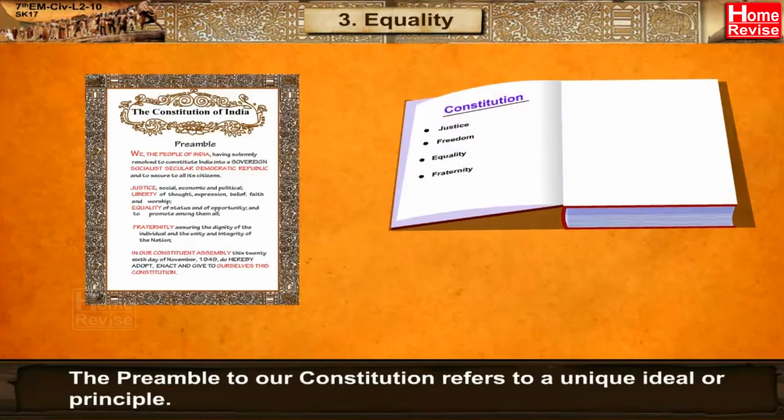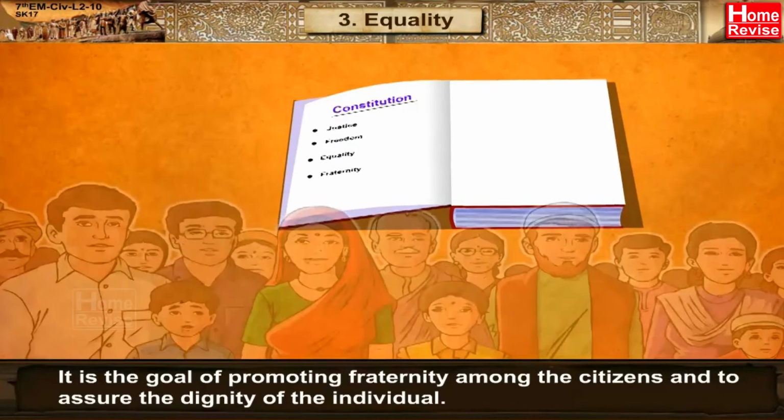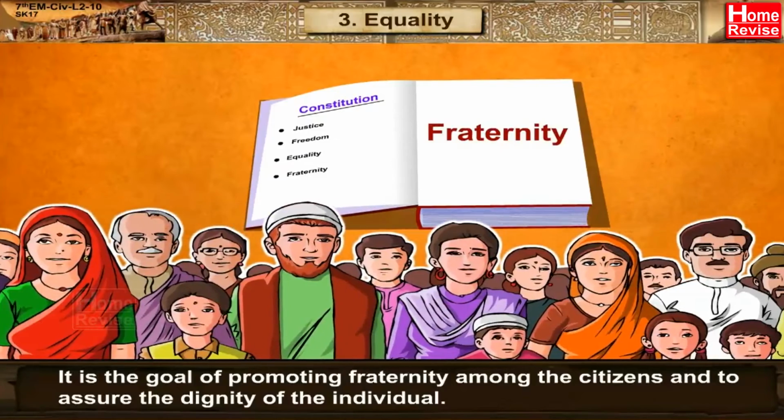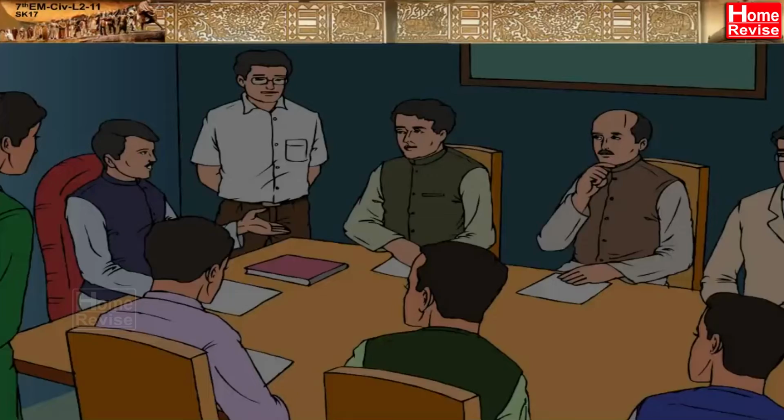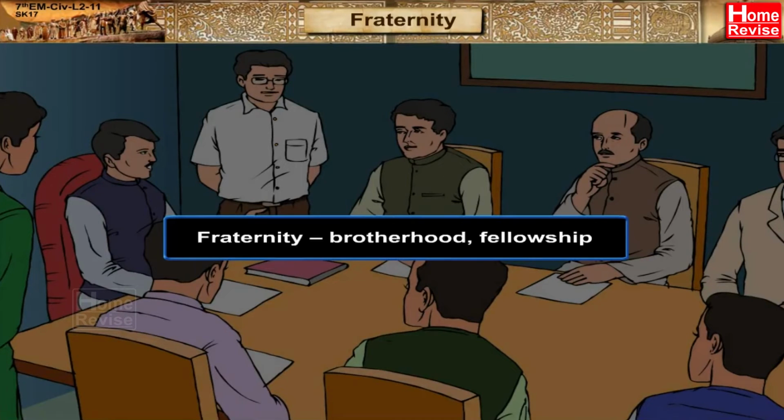The preamble to our Constitution refers to a unique ideal or principle. It is the goal of promoting fraternity among the citizens and to assure the dignity of the individual. Fraternity. Fraternity means brotherhood or fellowship.